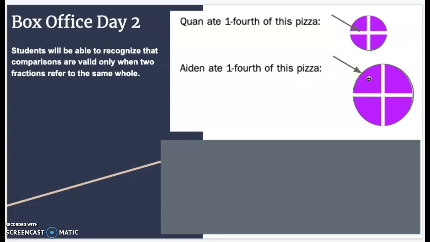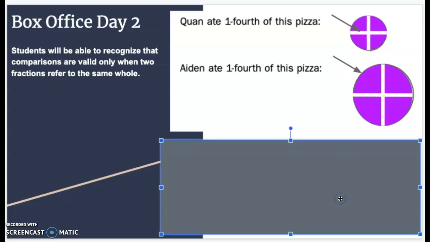We cannot say that Quan ate 1/4 of this pizza is equal to Aiden eating 1/4 of this pizza because these wholes are not the same size. So even though they both ate 1/4, it's not the same size piece. Therefore, we cannot compare fractions that do not have the same whole.